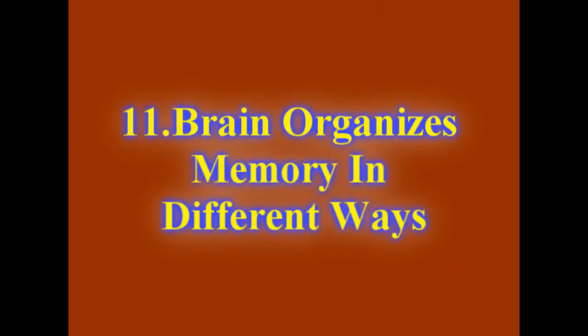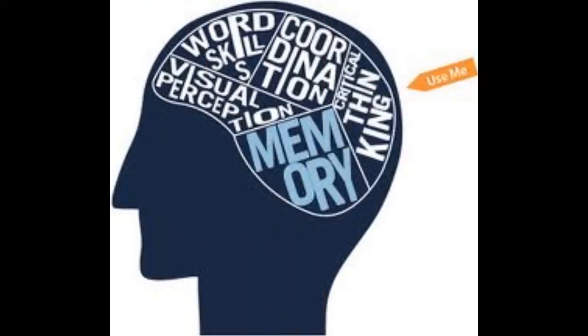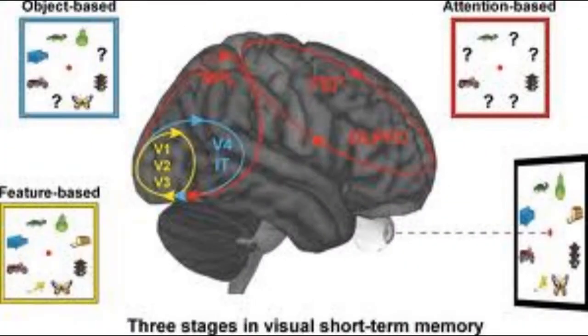Let's continue with principle number 11, which is the brain organizes memory in different ways. In this principle, the retrieval of knowledge depends upon how the information was stored. If students' brains consider the information meaningless, it will make the retrieval process harder and won't be satisfactory for students.